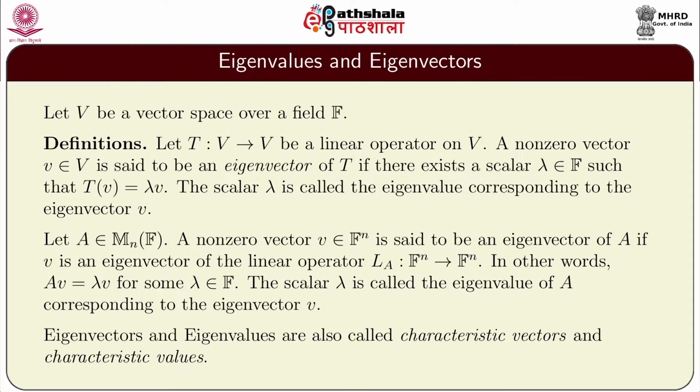So, in other words, Av is lambda v for some lambda in the field F, and the scalar lambda is called the eigenvalue of A corresponding to the eigenvector v. Eigenvectors and eigenvalues are also called characteristic vectors and characteristic values.